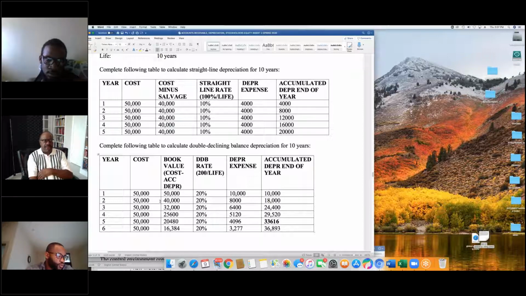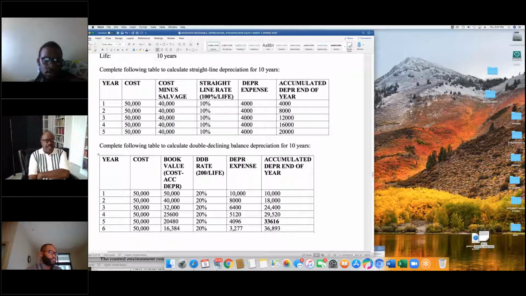So now it's 50 minus 10, 40. We're going to take 20% of that number. So our depreciation the next year is 8,000. Whereas it's always 4,000 on the straight line, we start off very high and then it declines. That's why it's called declining balance. It declines each year.